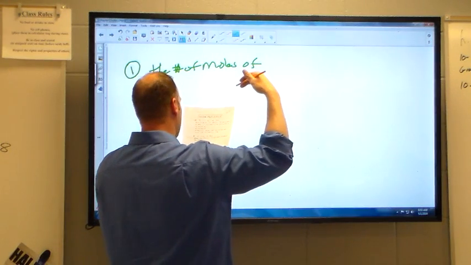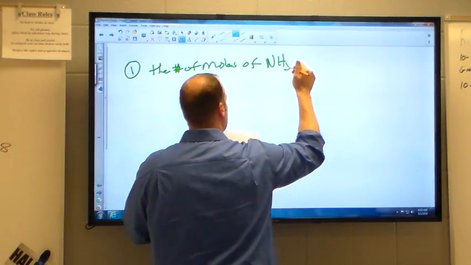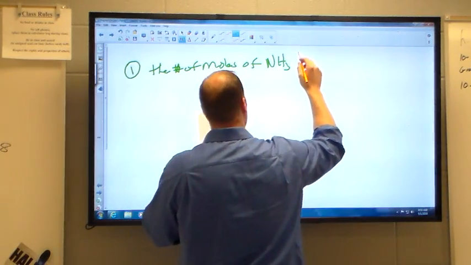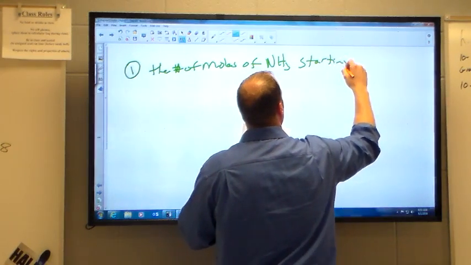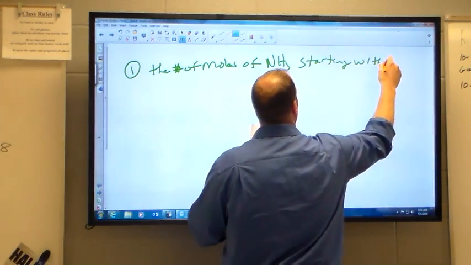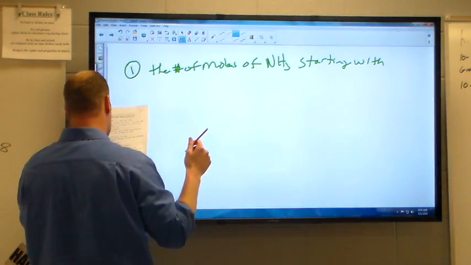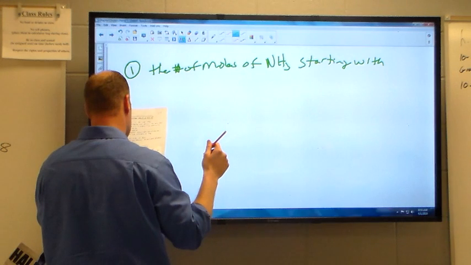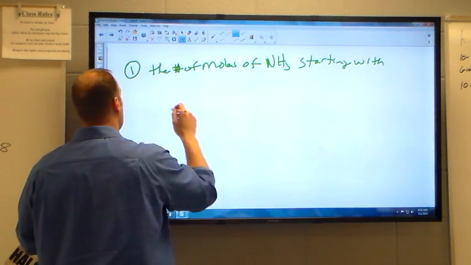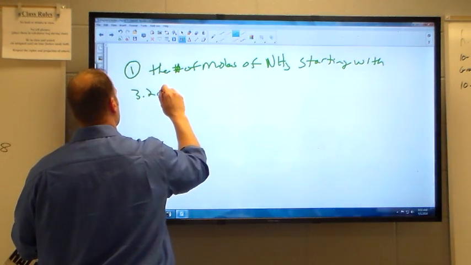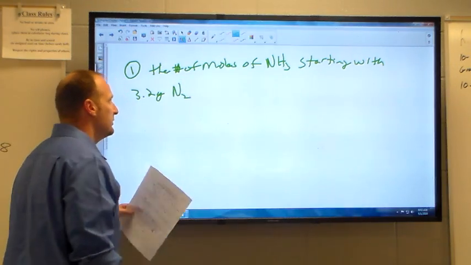It doesn't say there, but it's implying the number of moles of NH3. Okay, starting with 3.2 grams of N2.